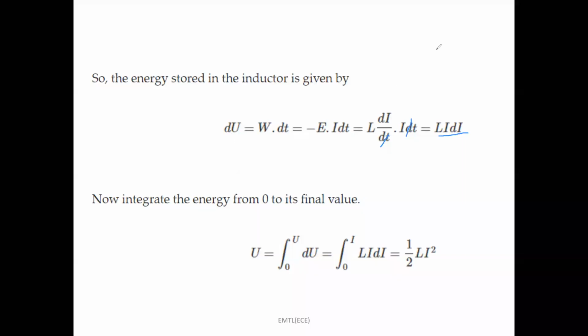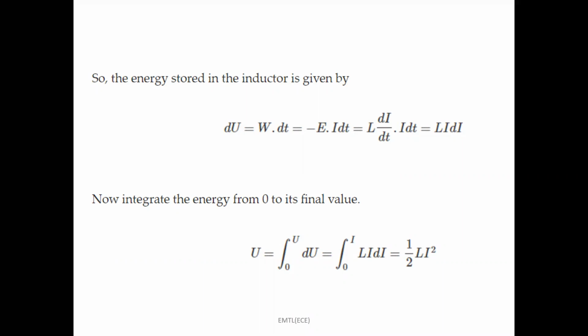But here we calculated only the smallest work done or smallest energy stored in a conductor. But what about the entire energy? Initially, when the circuit is switched off, the current value is 0.